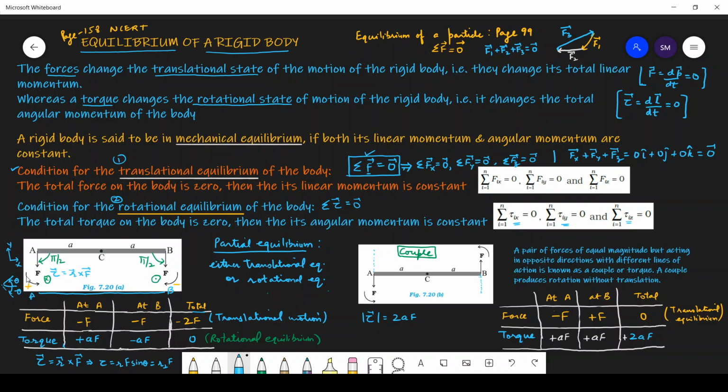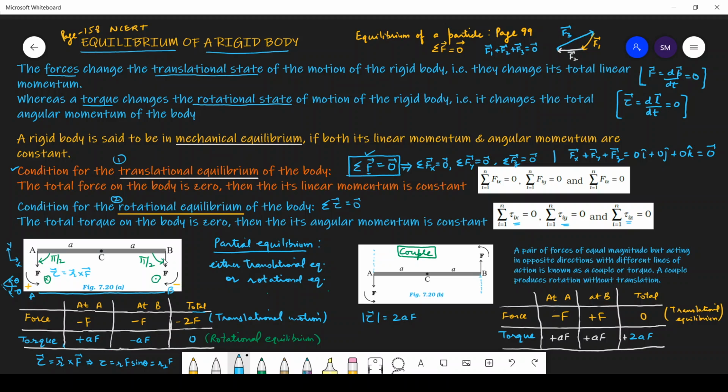Similarly here, if this torque is responsible for the motion of this rod in the anti-clockwise direction, I will take the torque positive, and I will take the torque negative if it is responsible for moving this rod in the clockwise direction.